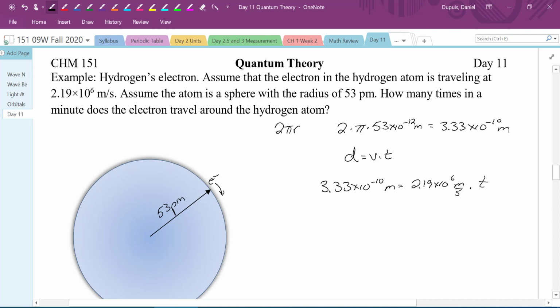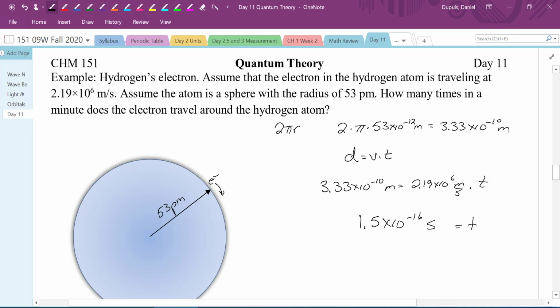All right, so we divide by 2.19 times 10 to the 6, I get 1.5 times 10 to the negative 16 seconds is the time. Seconds, not 1 over seconds, seconds. So that's the time. That's it.